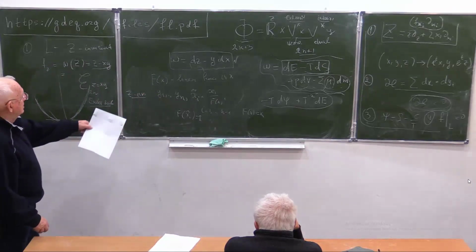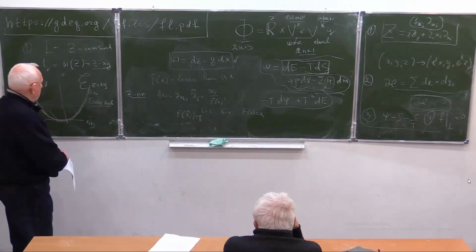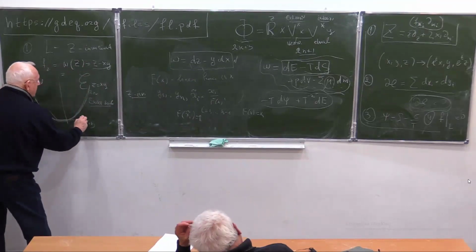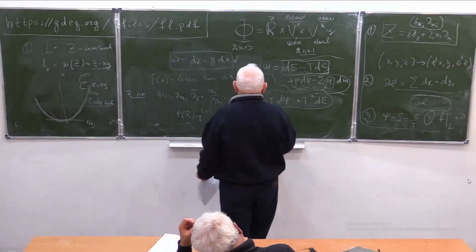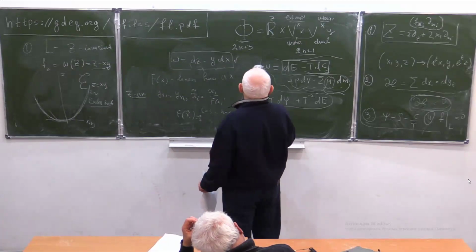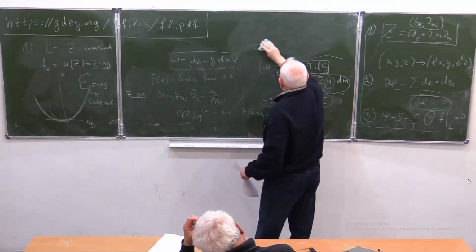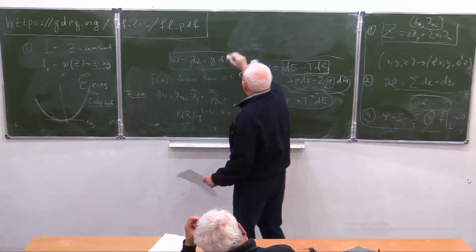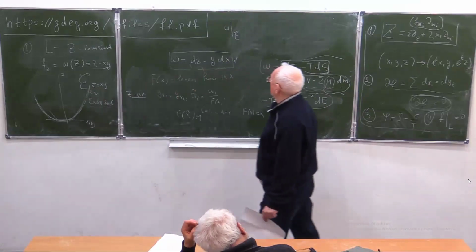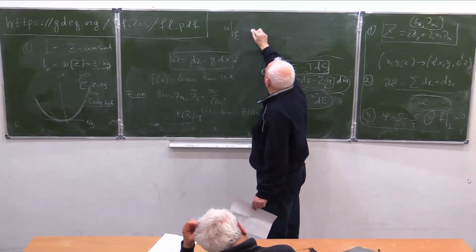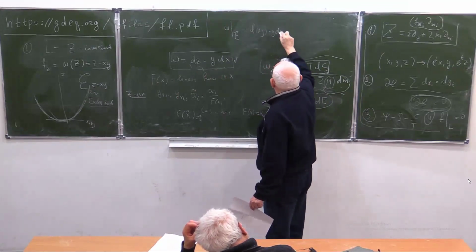Our form, this form, can also be written as our form restricted on this equation. I take our form and restrict it on this equation. So what do I get? x dy minus y dx, so it will be x dy.